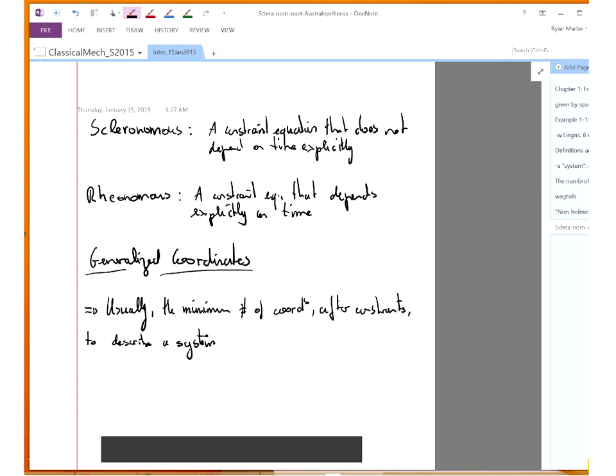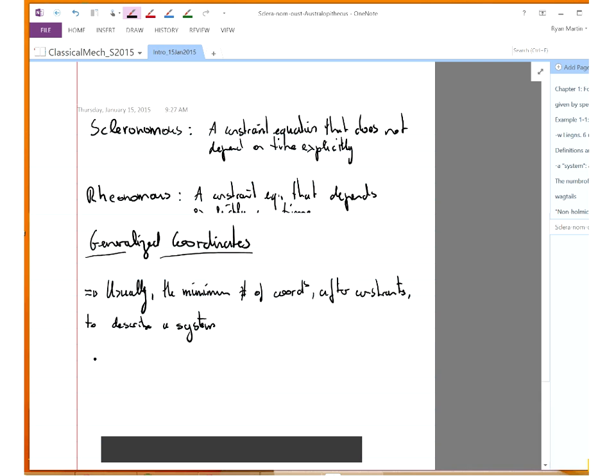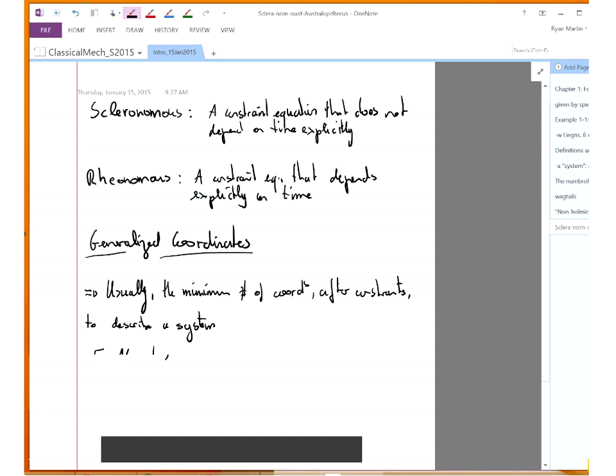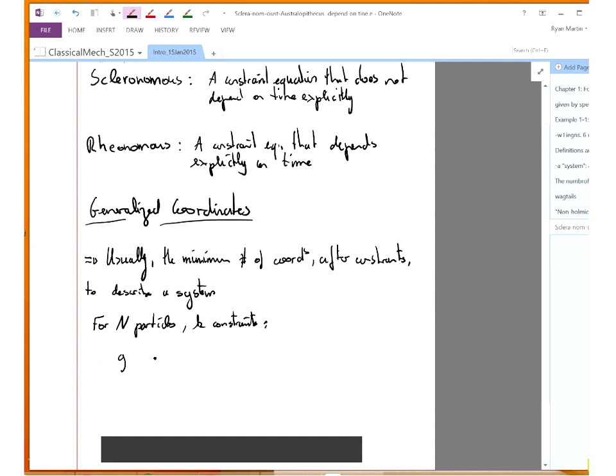So let's pretend there are no rigid bodies. So let's say for n particles and k constraints, the generalized coordinates will be a set of numbers.